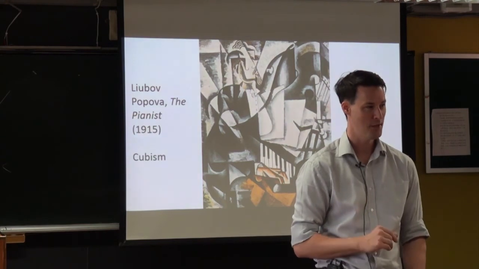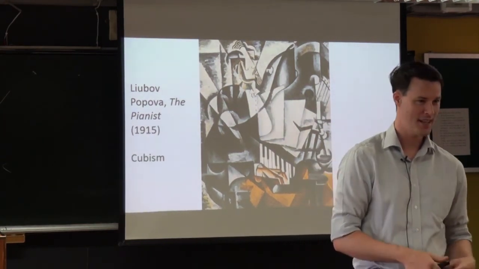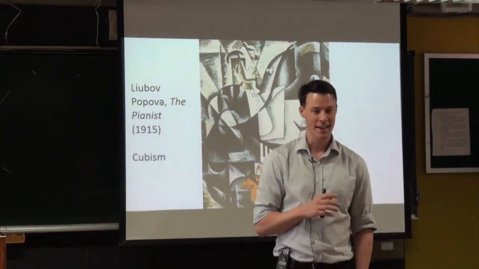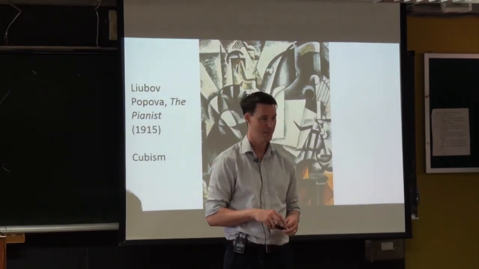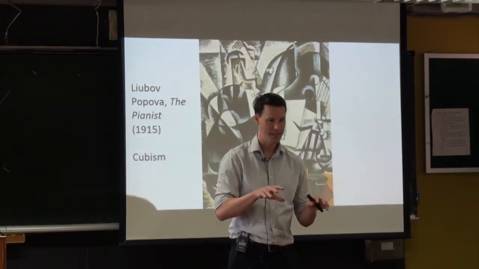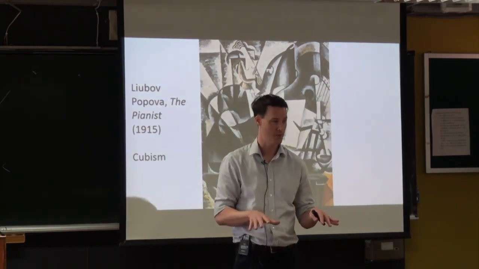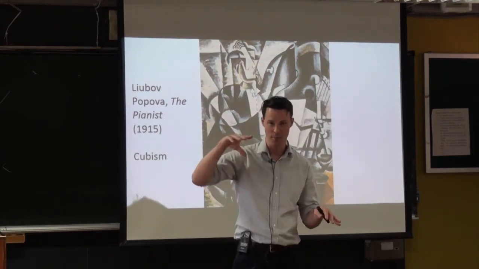What does that have to do with movement? Imagine you are at a concert and you're watching someone play piano, right? You're going to see the person from different angles as they move. So, you know, they're going to be playing piano, you're going to see their arm go up and down.